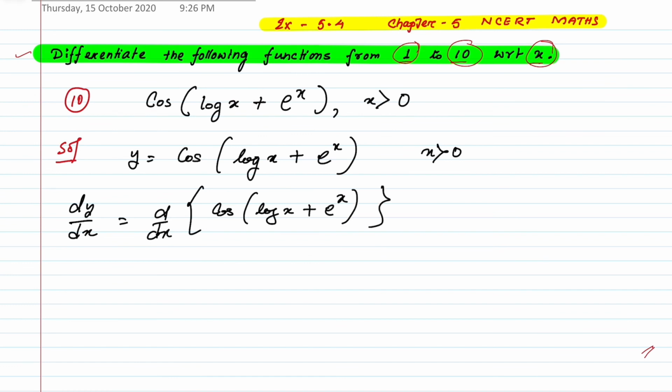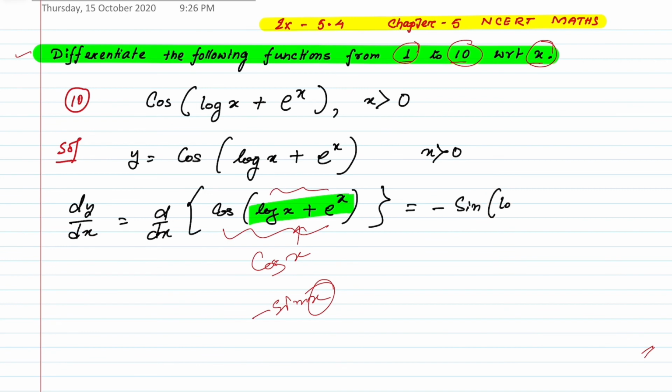So first assume this one as x only, this part as x. So here we can assume this as cos x, and derivative of cos x is minus sin x. So x is this one, so that's why we will get minus sine of log x plus e to the power x.